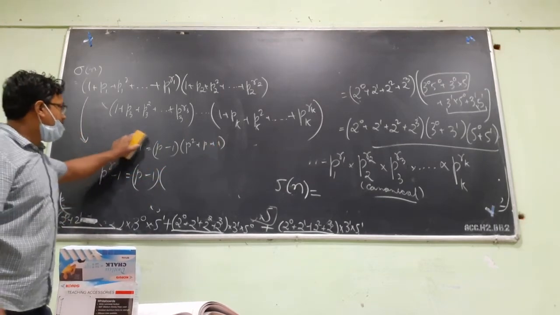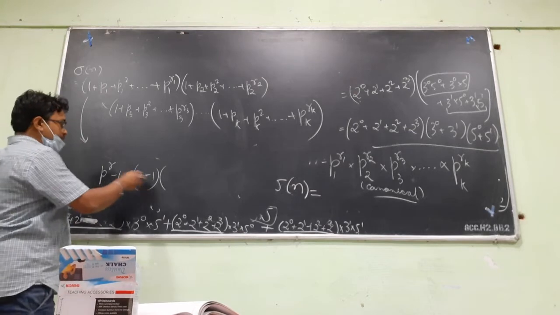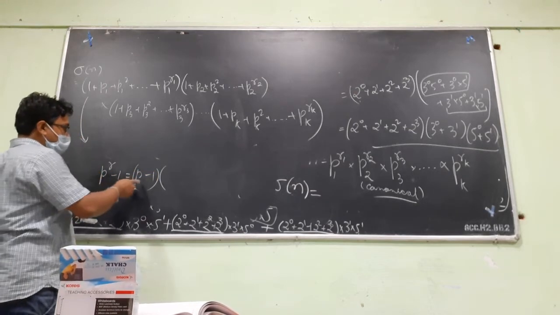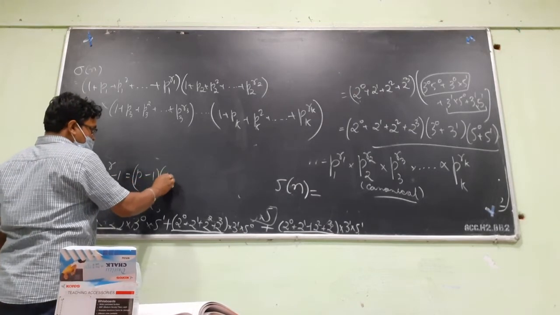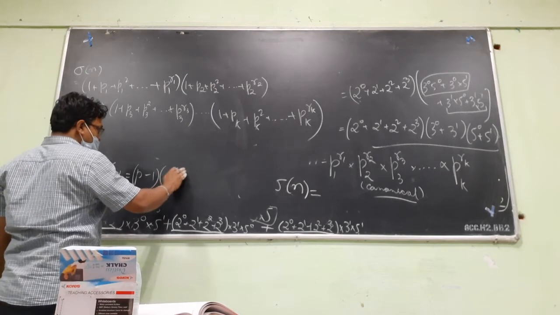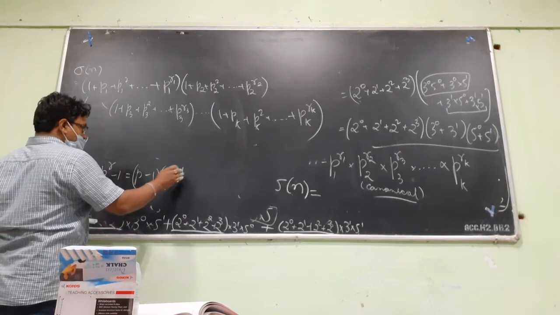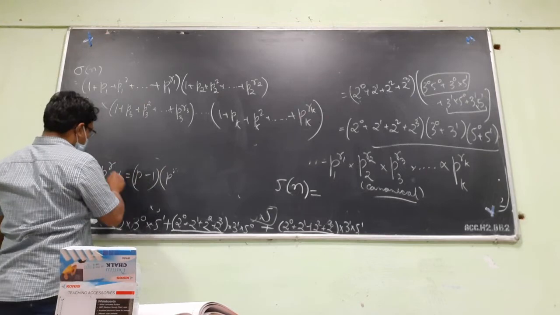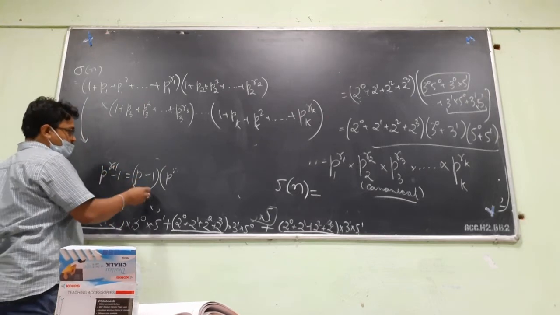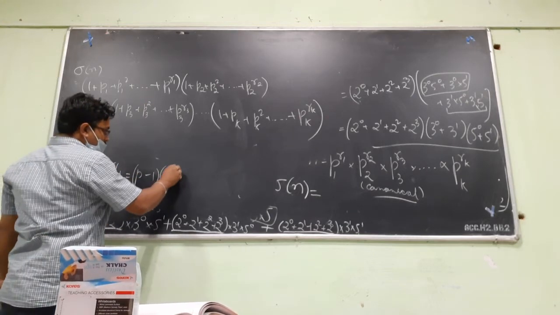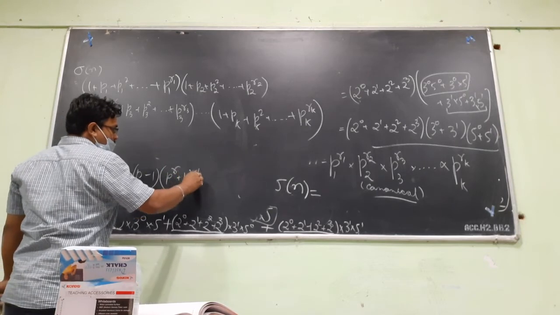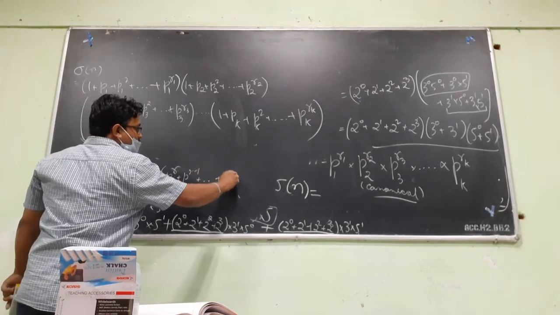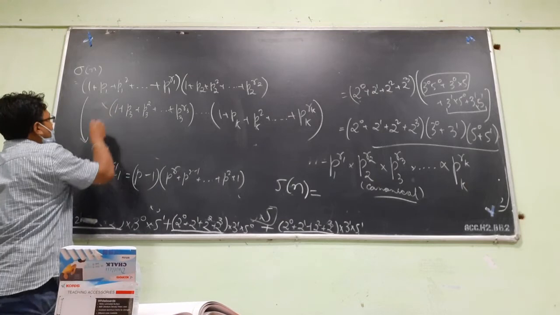So here also we can write it this way. p to the power r minus 1 can be written as p minus 1 into p to the power r minus 1 plus and so on. Okay, so I want something with r, so it is p to the power r plus 1 minus 1, divided by p minus 1.